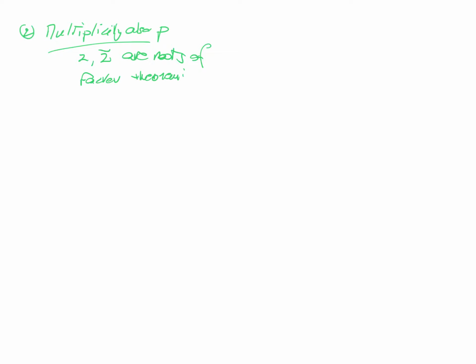The second thing that we need to prove is that the multiplicity of the conjugate is also p. So we just proved that z and z conjugate are roots of f. And this means by the factor theorem that I can write f of x as (x minus z) times (x minus z conjugate) times some other polynomial f1 of x.